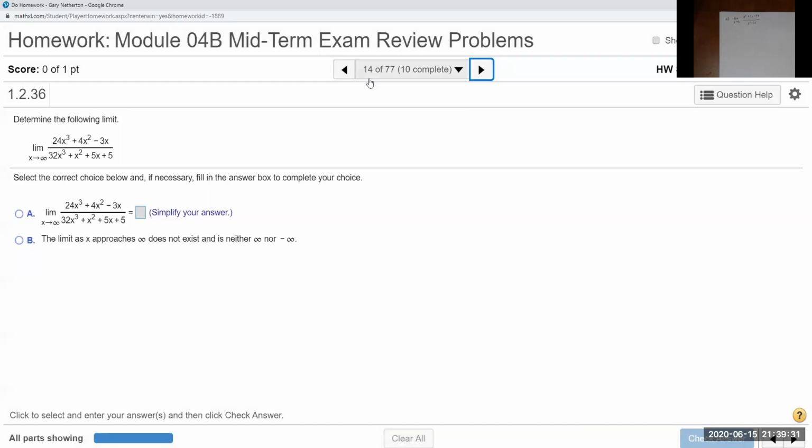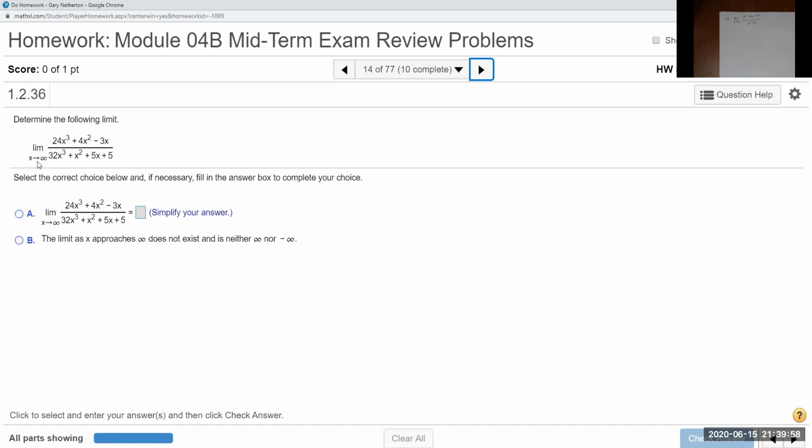Okay, look at problem 14. This one's different because look at my limit as x approaches infinity. When x approaches infinity, the method to solve this one is totally different than the previous problems. The previous problems were the limit as x approaches a number.